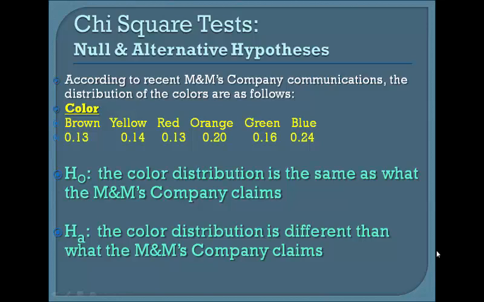In a goodness of fit test, our null hypothesis will always be that the distribution is correct for all categories for what was given to us. The alternative hypothesis is always worded that at least one category is not correct. And I'll say that again, at least one category is not correct. In this case, we are looking to find evidence that the distribution claim from M&Ms is not the same.